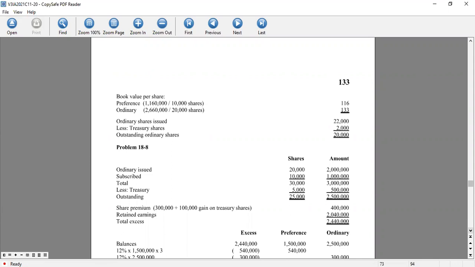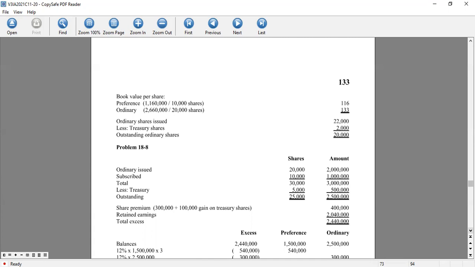However, based on the ordinary share capital of 2.2 million, only 20,000 shares were issued. So meaning the remainder remained unissued. And we have the treasury shares for 2,000 shares. So the outstanding ordinary shares is 20,000.